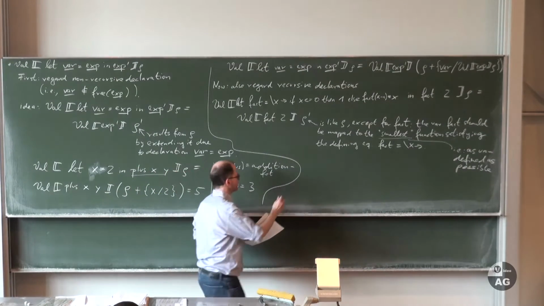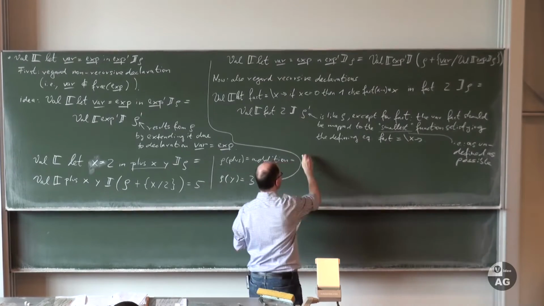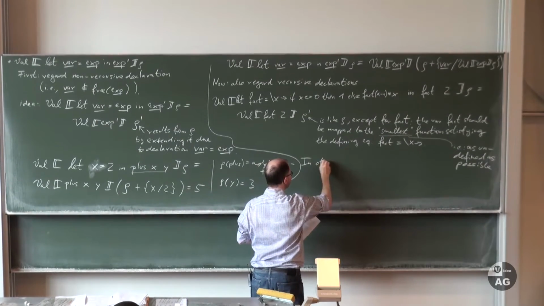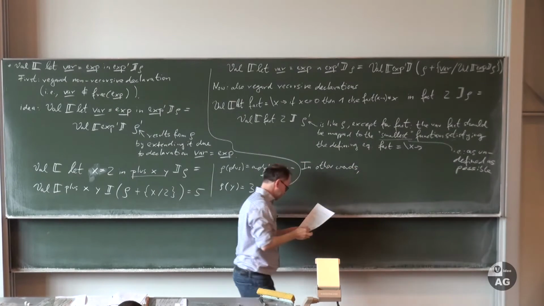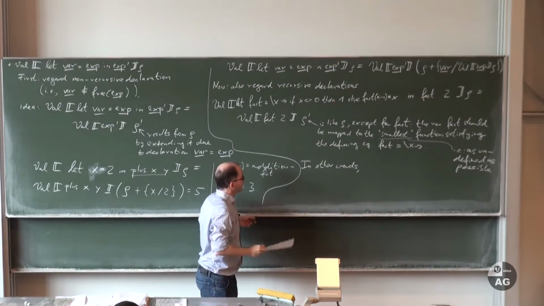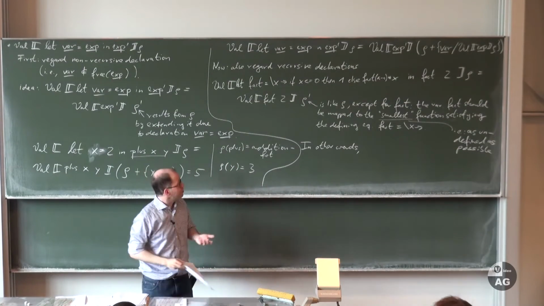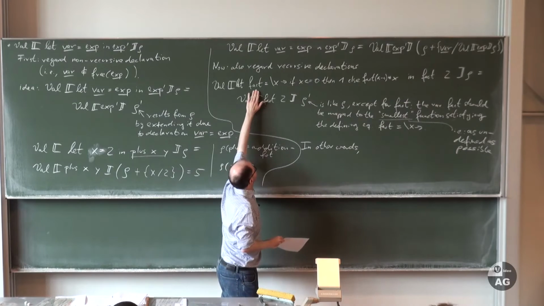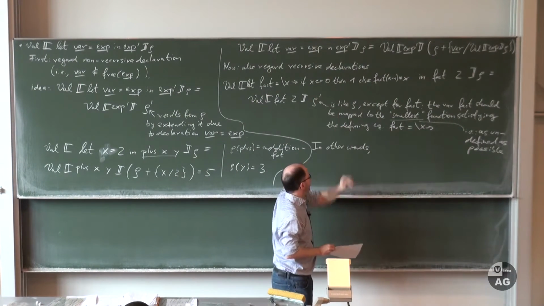So in other words, fact should be the smallest fixed point, the least fixed point of the function that maps the variable fact to the semantics of the right-hand side of this declaration.